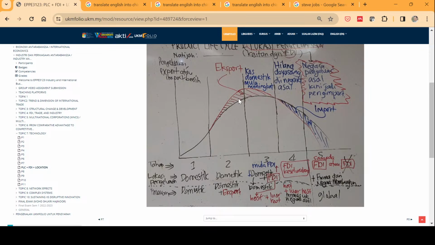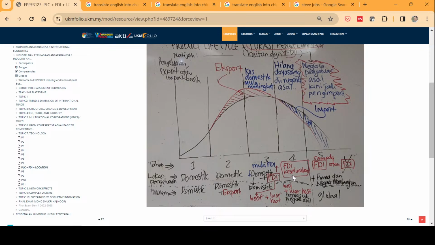They stop producing the product in the US because it's too expensive and not competitive anymore. So all the production is outside of the country through FDI.